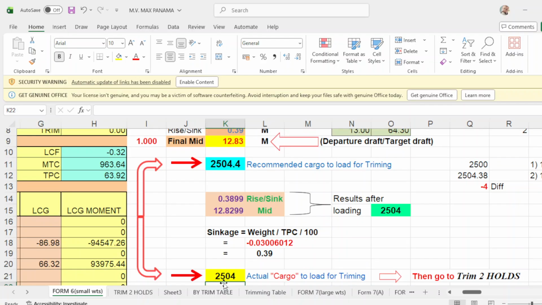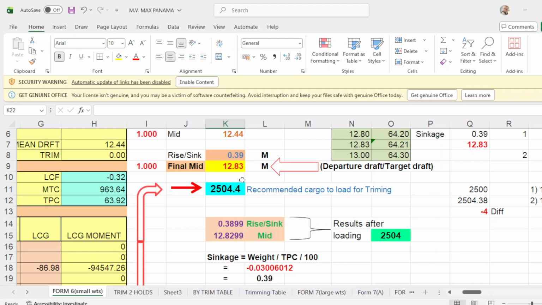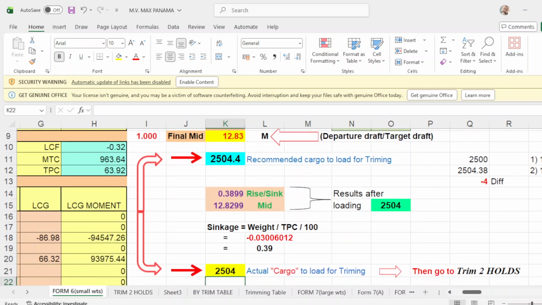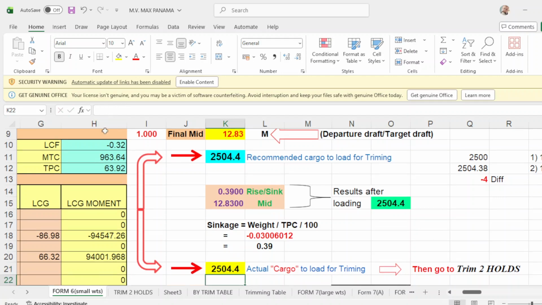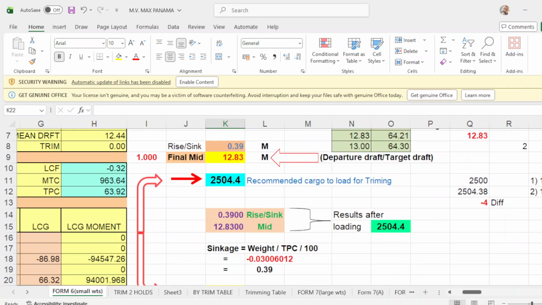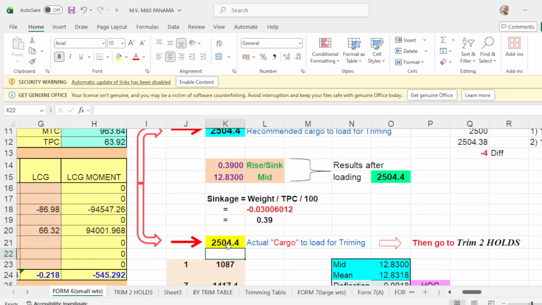If you use 2,400, it's not exactly as in 12.83 and 0.39. But if you apply the 0.4, take note that it is exactly 12.83, which is this one, and your sinkage is 0.39, which is this one. But in actual practice, we don't use the decimals.